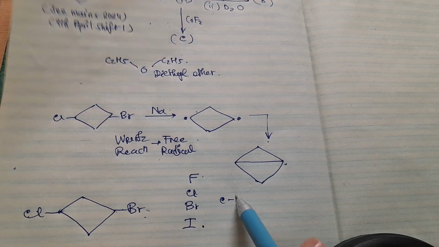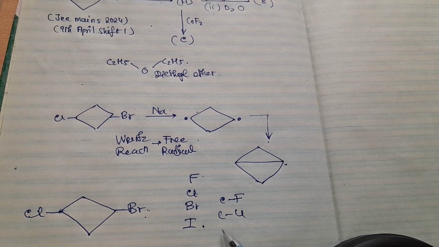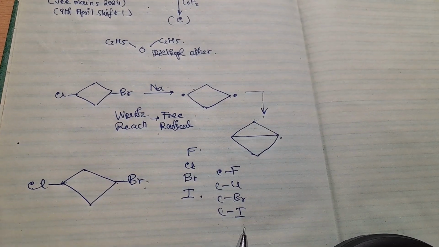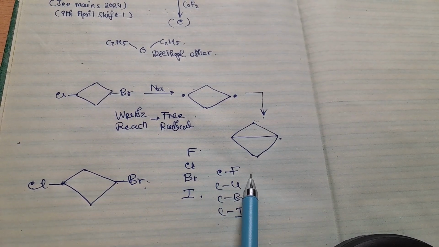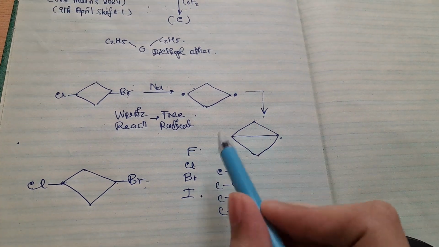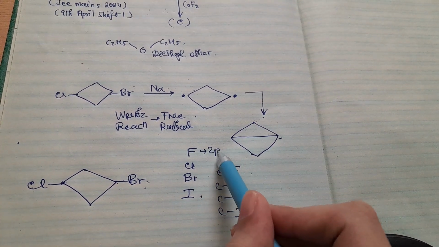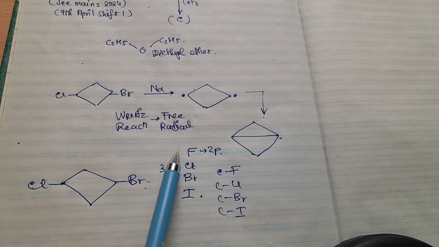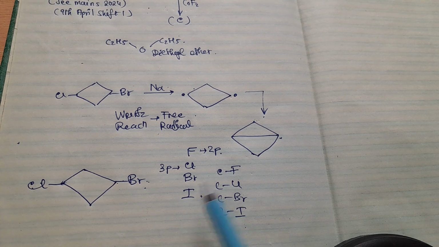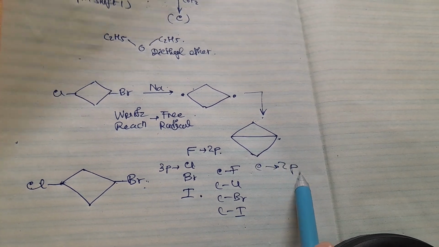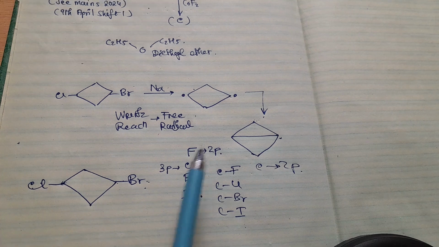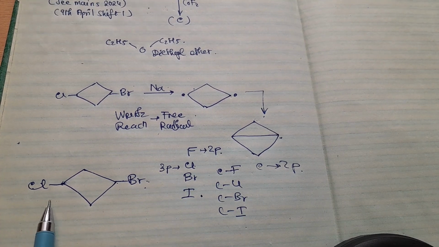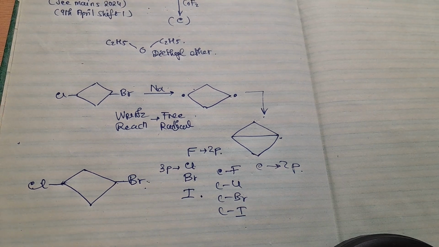And if we consider the bonds of carbon-fluorine, carbon-chlorine, carbon-bromine, and carbon-iodine, then the weakest bond will be carbon-iodine and the strongest bond will be carbon-fluorine, because fluorine has a 2p orbital, chlorine a 3p orbital, then 4p, 5p, and carbon is a 2p orbital. So the carbon-fluorine bond is a 2p-2p overlap, whereas the carbon-chlorine bond is a 2p-3p overlap, and then we have 4p, 5p and so on.